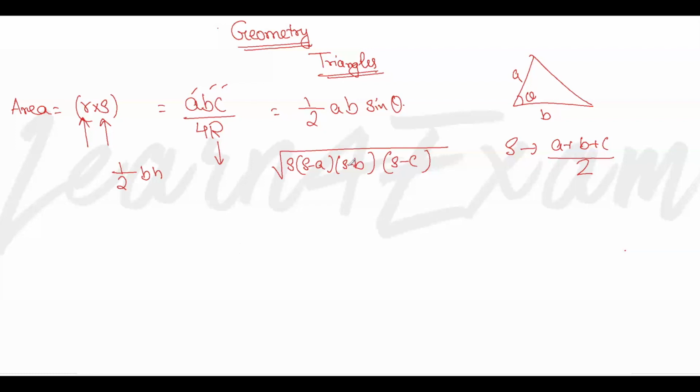The next theorem that I essentially want you to remember is Apollonius theorem. The Apollonius theorem is very important when I'm talking about medians. This is the first theorem that should hit your mind.